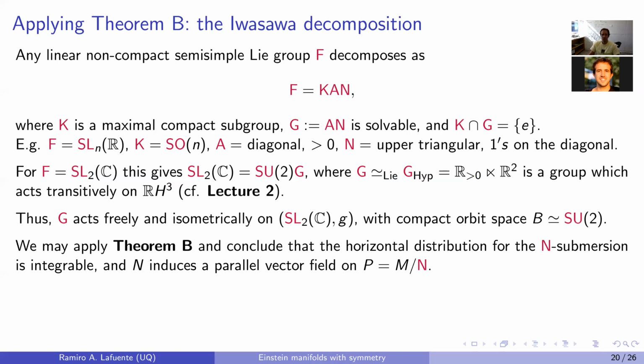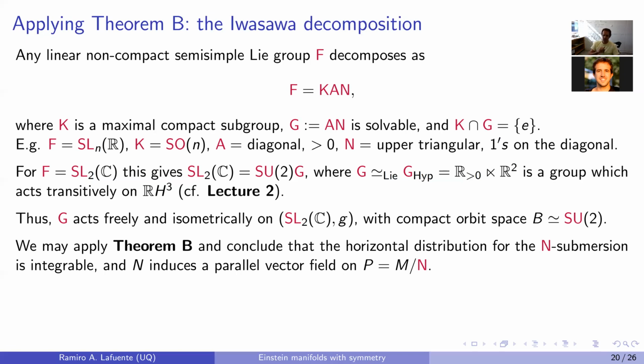Therefore, we may apply Theorem B to this G action and conclude that all the rigidity conditions that we mentioned hold. In particular, the N submersion has integrable horizontal distribution.